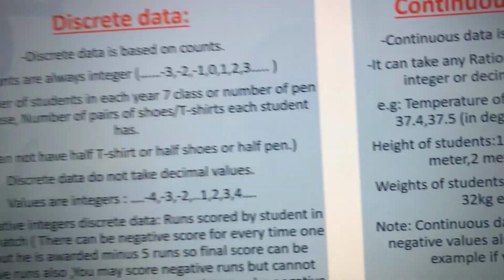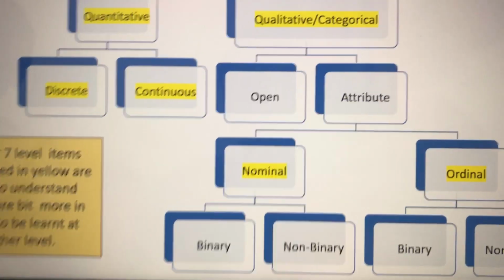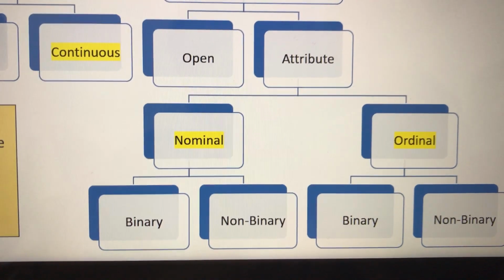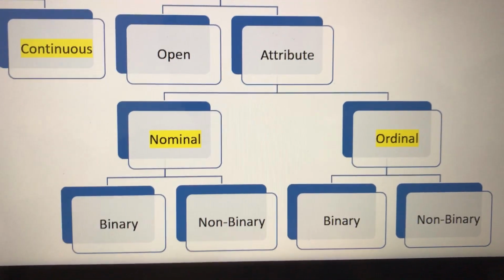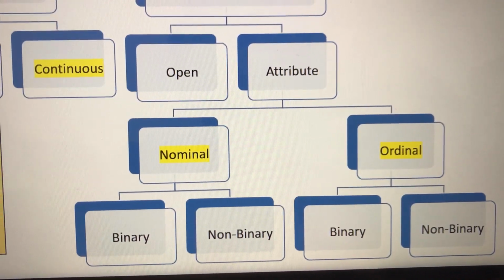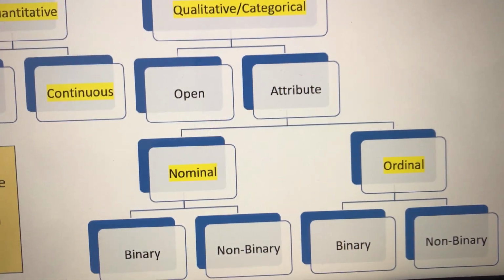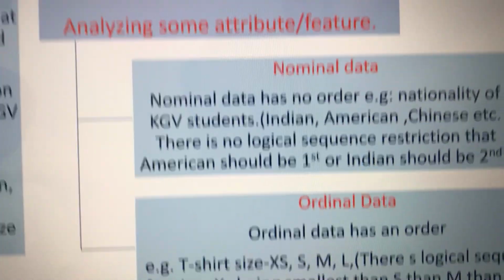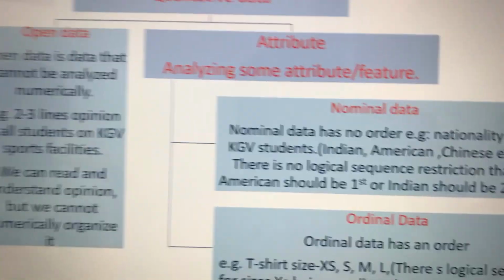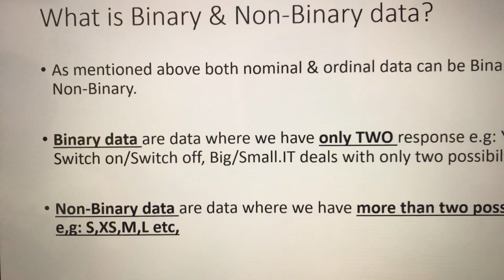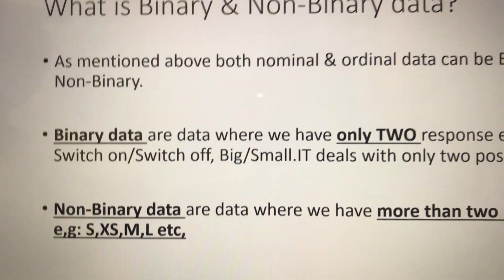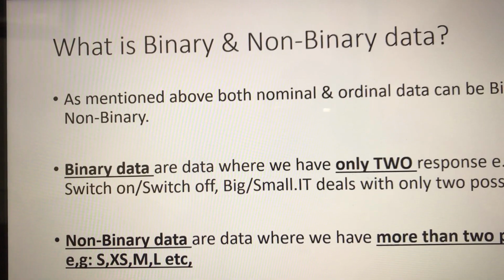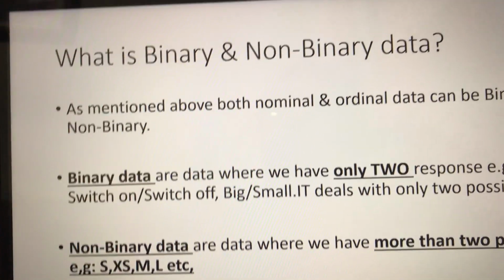I mentioned a little while ago that both nominal and ordinal data can be further categorized as binary and non-binary. Now it is not important at your year 7 level, but it is also good to know, if you can take a little extra step, what it means. I'll try to explain to you. Binary, in computer language, has some connection with 0, 1, 1, 0.